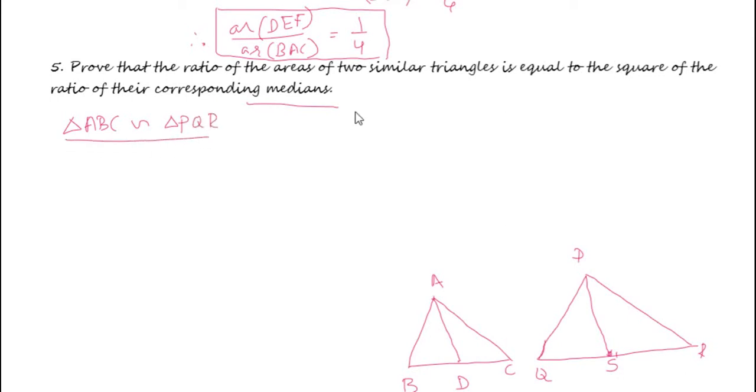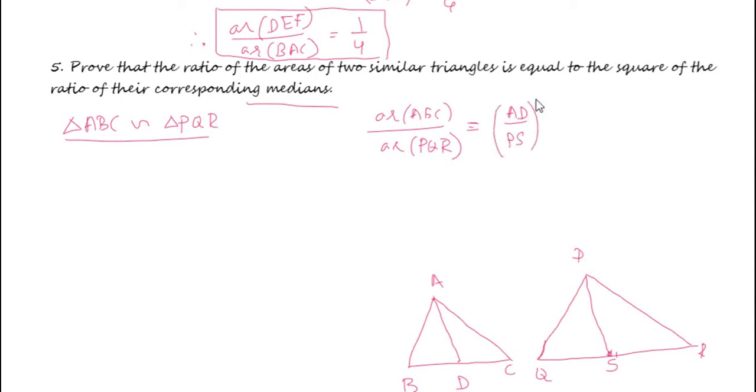We need to prove that area ABC divided by area PQR. Now median of ABC is AD, median of PQR is PS. So this is equal to the square of the ratio of their corresponding medians, that is AD by PS whole square.